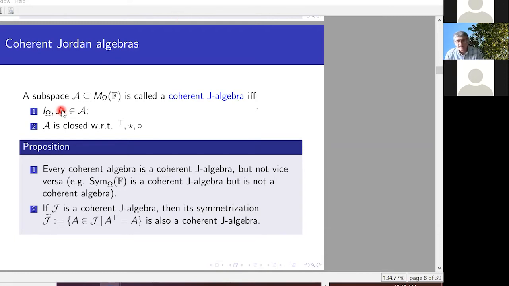Now, what can we say about a matrix subspace which is closed only with respect to this common operation?